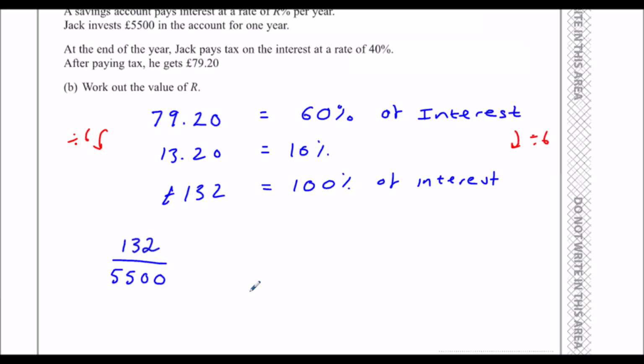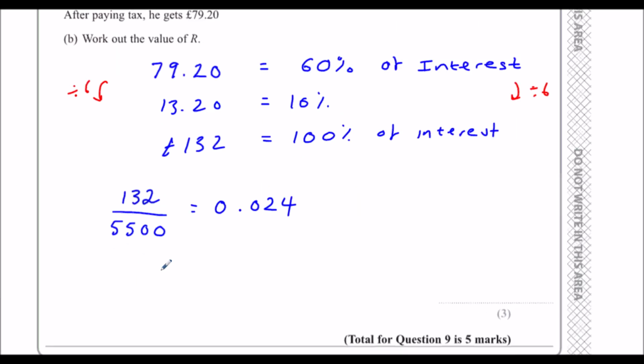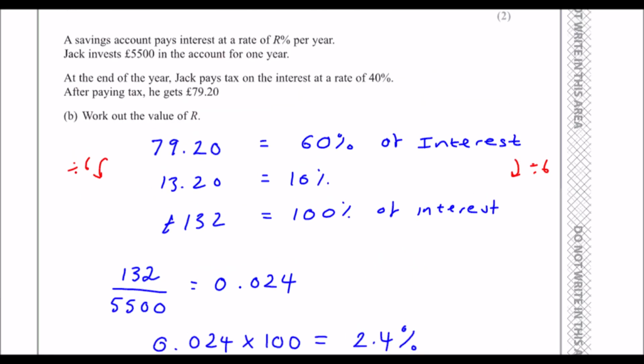So 132 over 5500 is 0.024. That's as a decimal. So I'm going to times it by 100, and that will give me 2.4%.